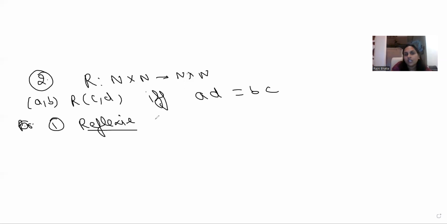For reflexive, we need to see whether AB is related to AB or not. The product of the first and the last term is AB, the product of the middle two terms is BA.